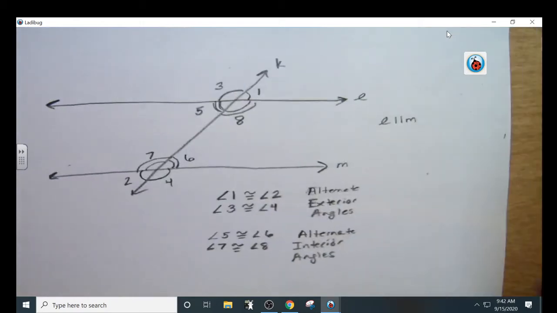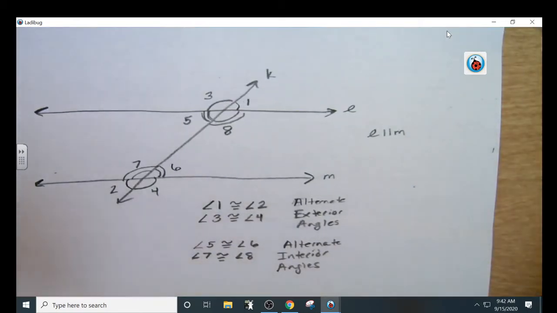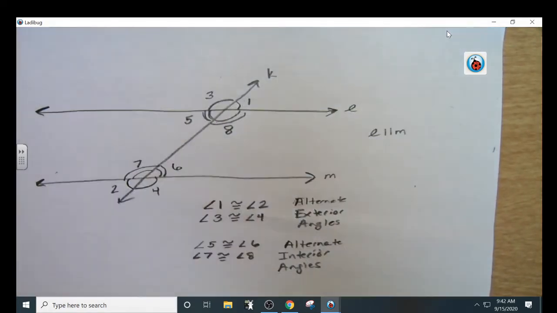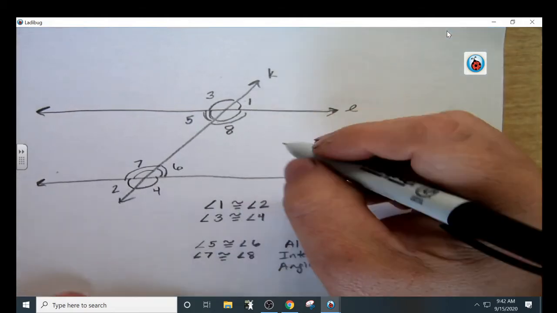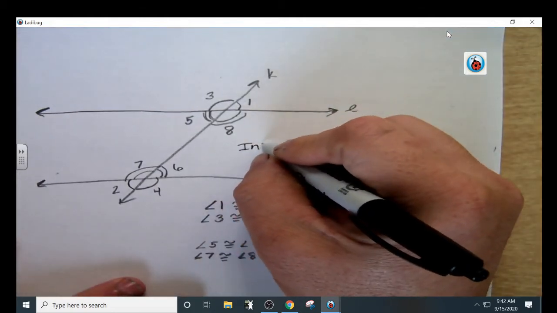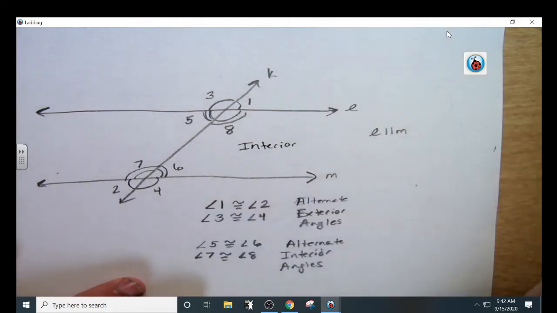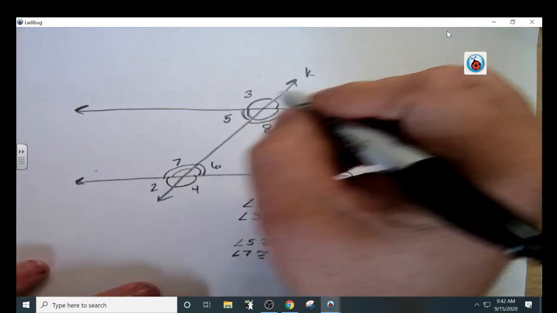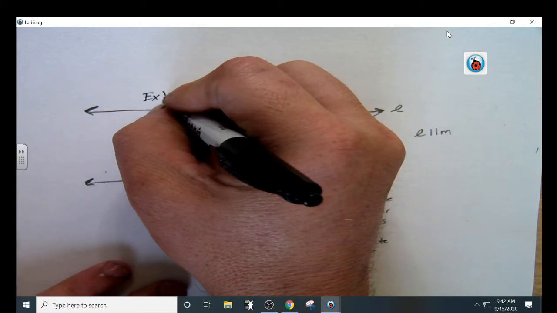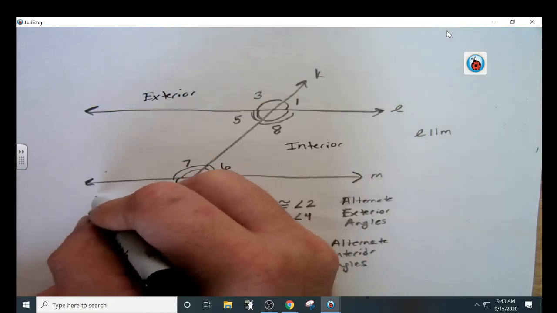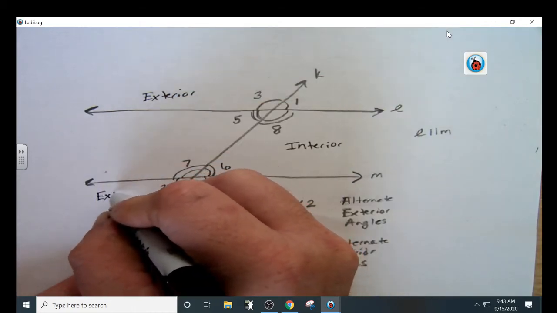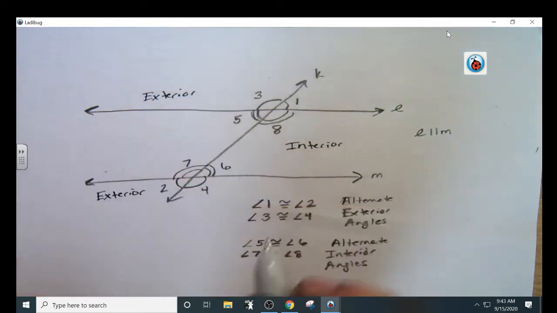All right, so guys, let's talk about this for a minute. Of course, most of this stuff is kind of common sense, but the alternate part. So, guys, this is the interior. That's known as the interior. The outside of the parallel lines is known as the exterior. So if I refer to it as exterior, it means it's outside.